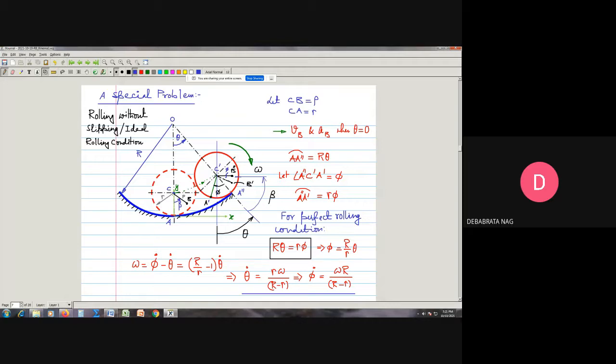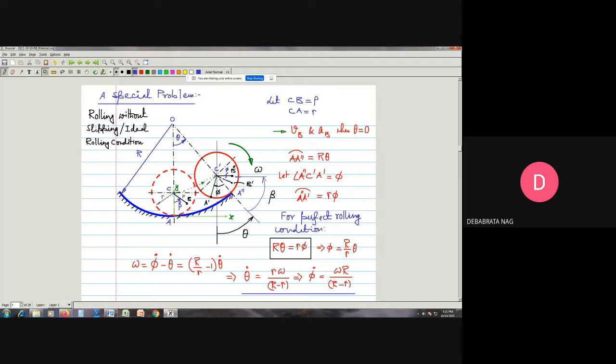So what we have done, after coming to this position, is we have given this cylinder a rotation by an angle of phi with respect to the point C dash, as a result of which the radial line C dash A double dash has come to its desired location C dash A dash, and we call that angle phi.